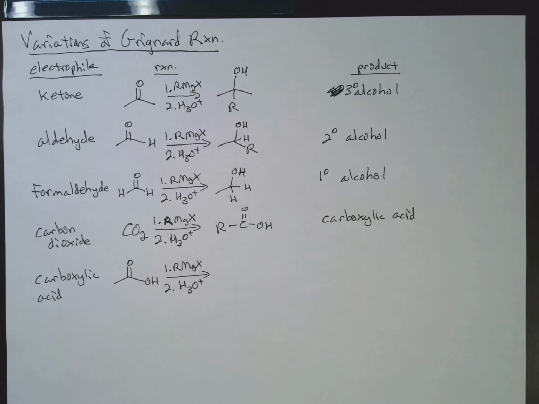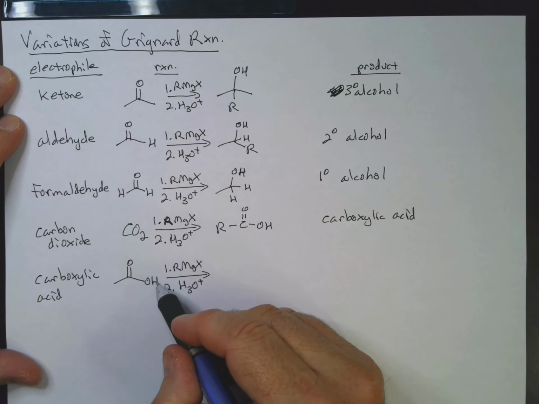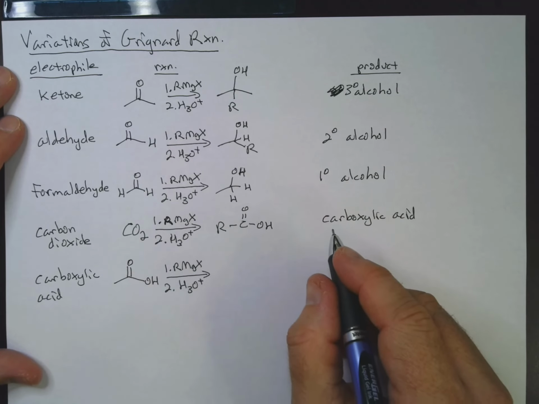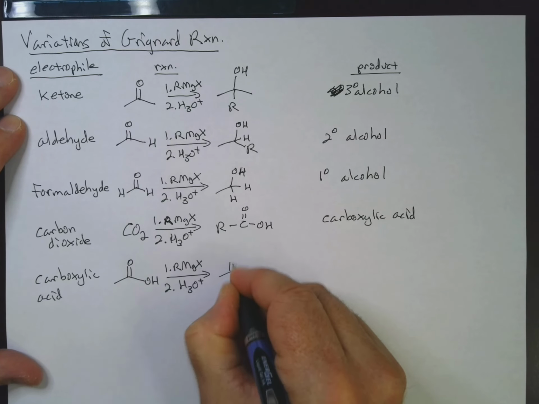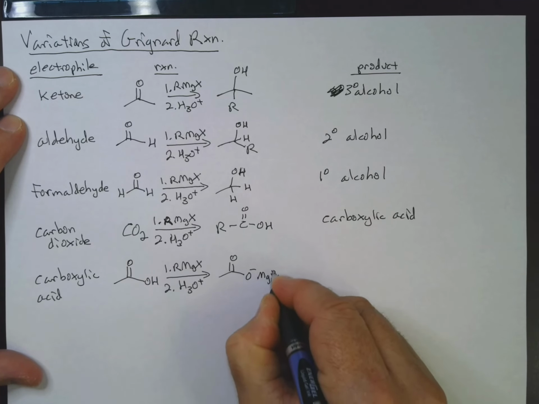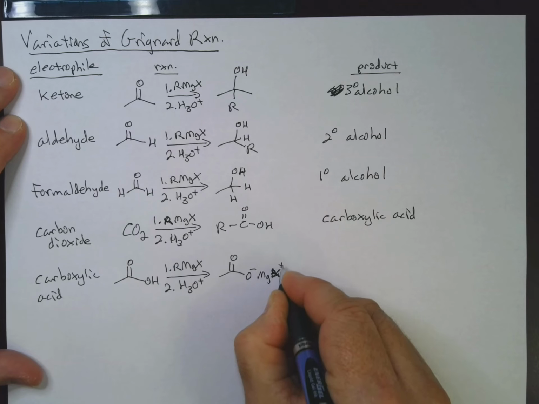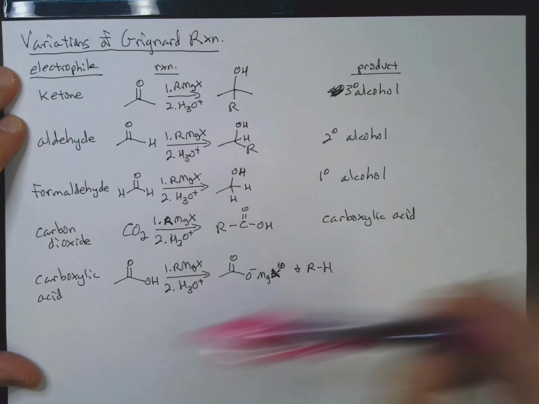Now the first thing that's going to happen is the R minus here is going to deprotonate, and we'll end up getting this O minus MgBr, or MgX I should say, plus RH. So we're not going to do it this way.